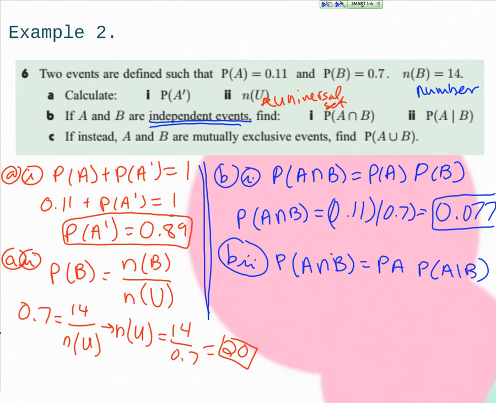This was one we had yesterday, though it was written in two different ways yesterday. This is the second way that was on the board. So I can plug these things in. 0.077 is the probability of that intersection, and the probability of A is 0.11.